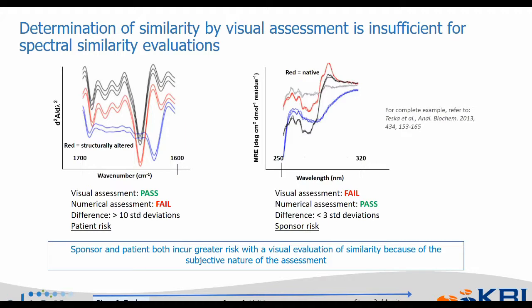The opposite happens in the case of the near UV spectra, where the numerical assessment says these two are both taken from native-like spectra and they're within 3 standard deviations of each other. So in the case of the FTIR, that's a patient risk. In the case of near UV CD, that's sponsor risk. Importantly, in both cases, the sponsor and patient incur greater risk with a visual evaluation of similarity because of the subjective nature of the assessment.